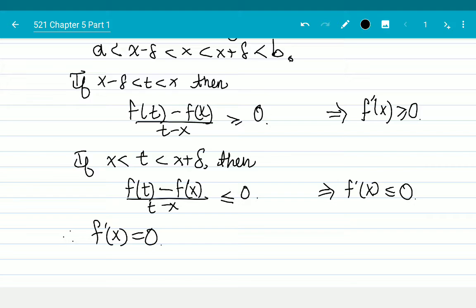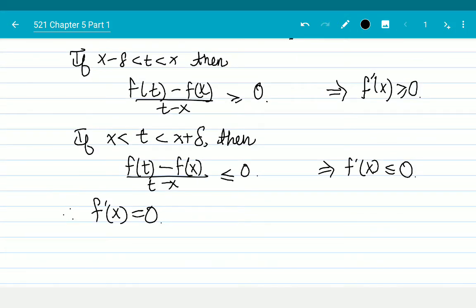Let us generalize the theorem a bit and work towards the generalization. Theorem 5.9.